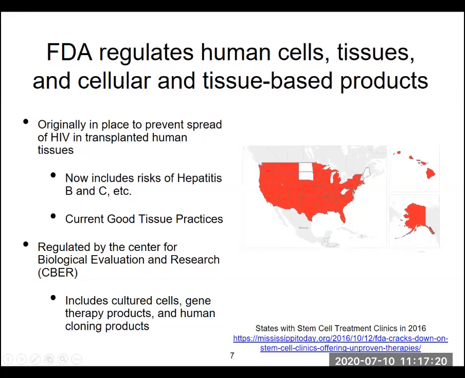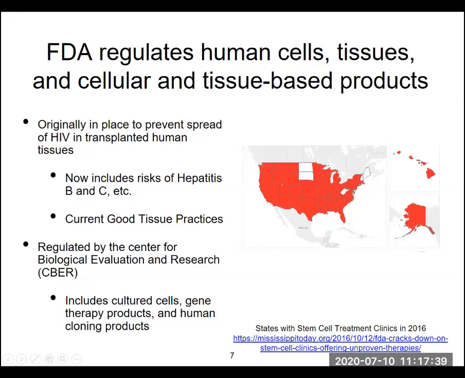Within the FDA, it's regulated within the Center for Biological Evaluation and Research. And so we have a mechanism in place that evaluates whether or not this is going to be approved for the use of stem cells in human subjects.